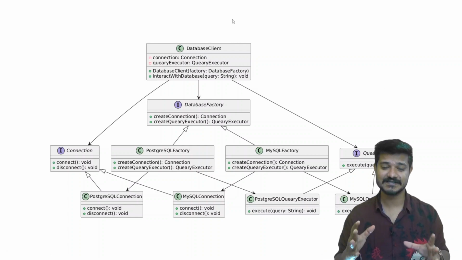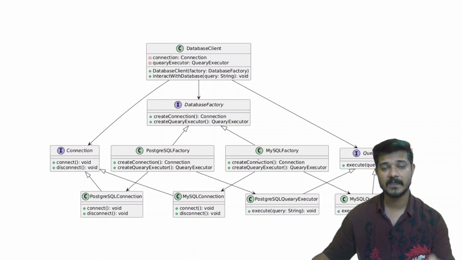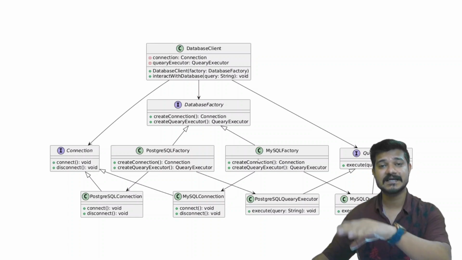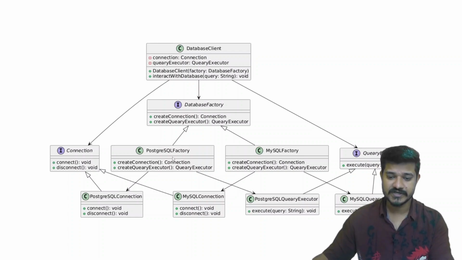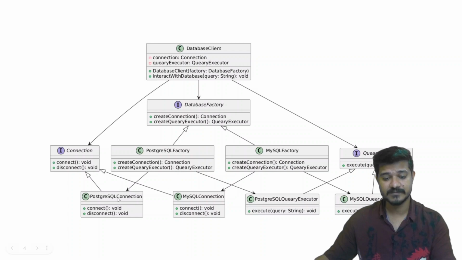So you can clearly see here the abstract factory pattern provides you a way to create different related objects together. PostgreSQL factory creates two objects, right, which are related, and both of them will be PostgreSQL connection and PostgreSQL executor. Similarly, MySQL factory will provide you a method to create MySQL connection and MySQL executor.